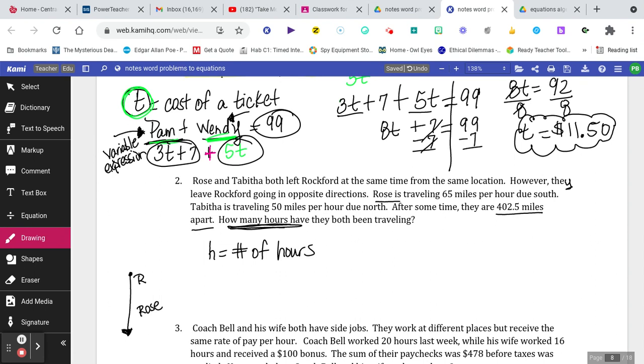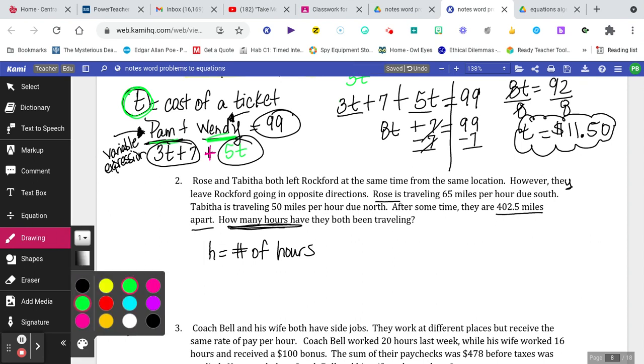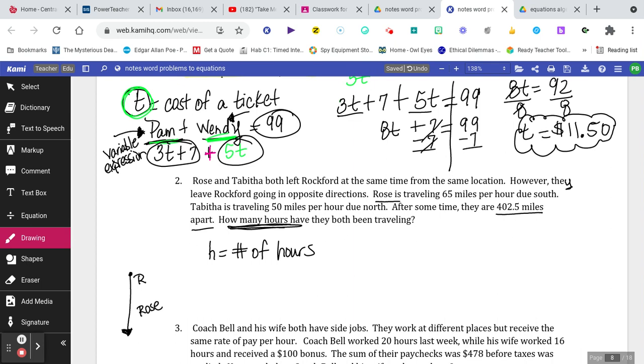All right, let me draw a diagram for Tabitha. Tabitha went north, okay? And hers should actually be a little shorter. So this is Tabitha. She went north at 50 miles per hour.